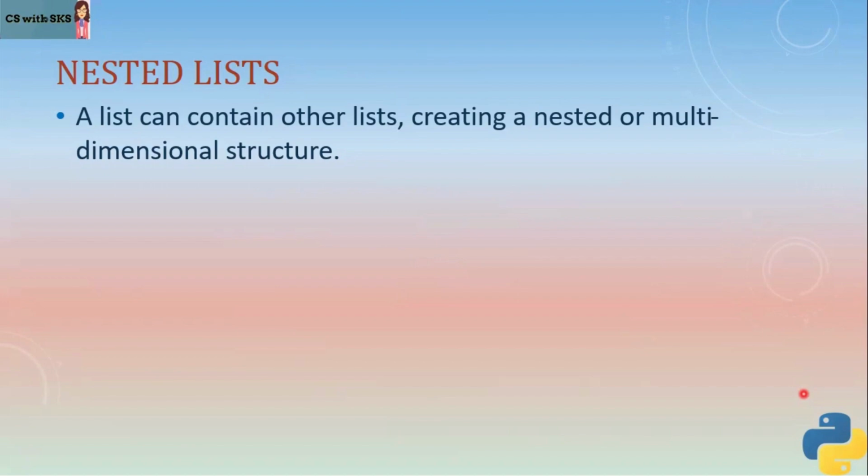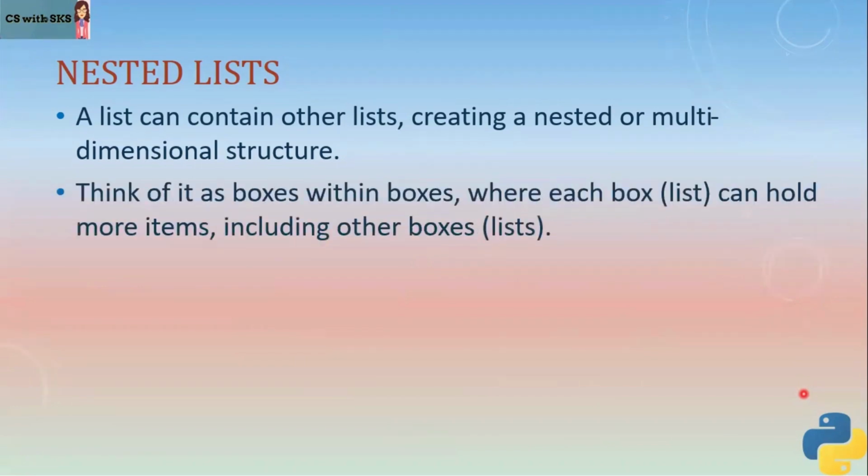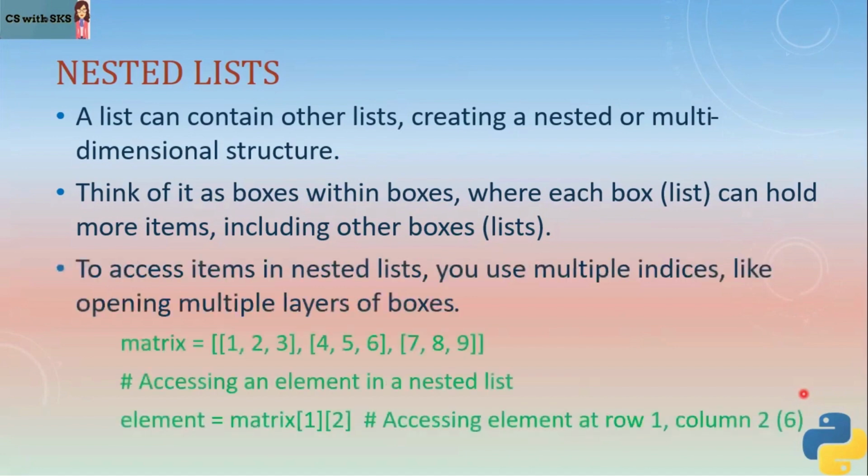So 2D arrays are nothing but nested lists. So please understand how we implement nested lists in Python. To understand nested lists, think of it as boxes within boxes, where each box can hold more items, including other boxes, right? So a list can have some other items as well as it can have some other lists in it. So that is how you can relate with it.